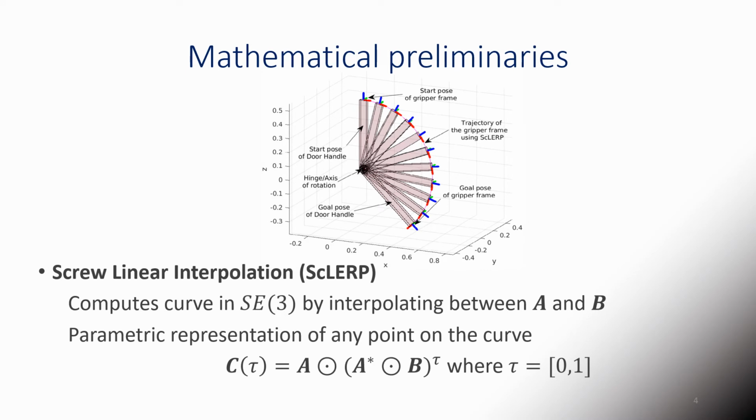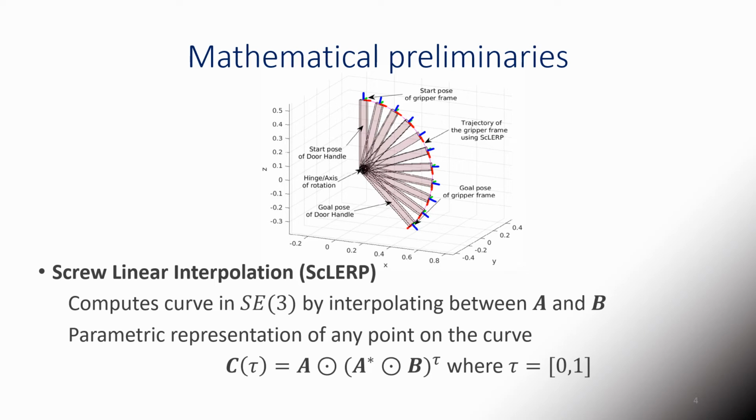Screw linear interpolation is a method to compute a curve in SE(3) by interpolating between two given poses. It is the analog of the shortest path motion in R3 for motion in SE(3). By varying an interpolation parameter tau between 0 and 1, any intermediate configuration C tau between A and B can be computed using the equation shown here.